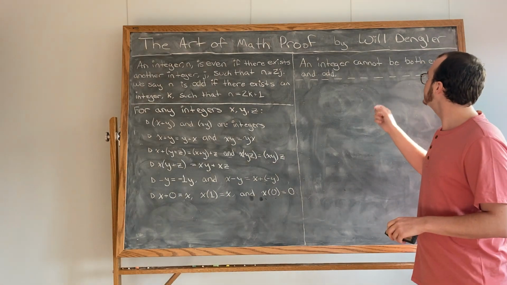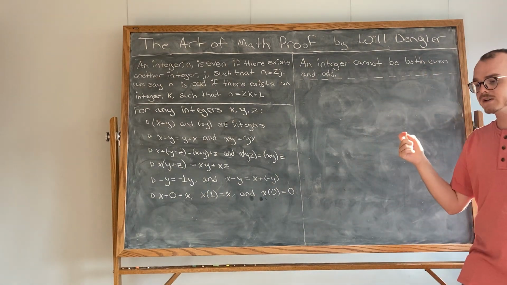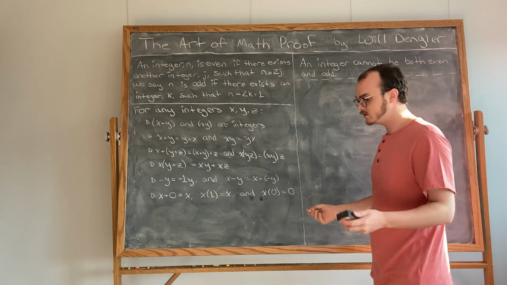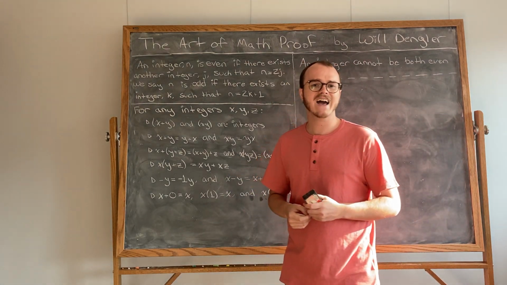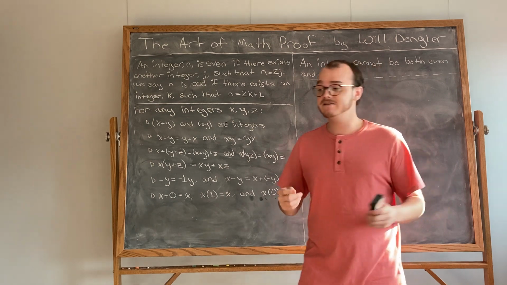But today we need to show that an integer cannot be both even and odd. Well, what if I want to assume that I have an integer that is even and odd?